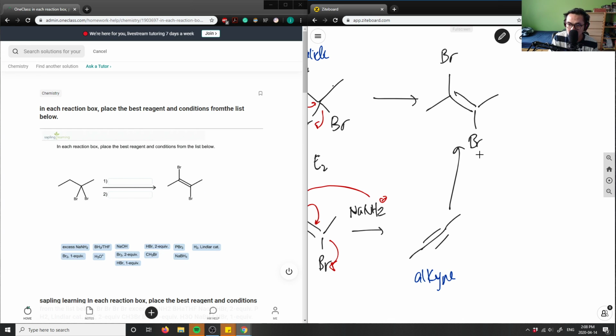So again, Br2 with one equivalent of Br2, not two equivalents, because Br2 has two bromines, which means it would add across the triple bond here. So one equivalent.